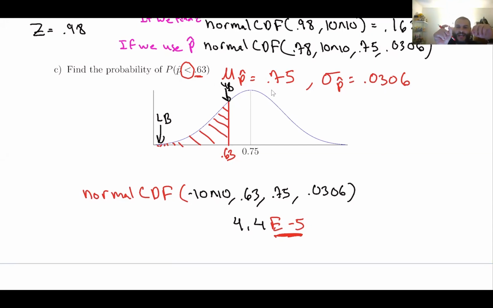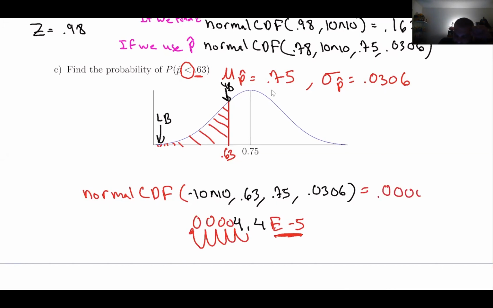So you have to take the decimal and move it 5 spaces to the left. 1, 2, 3, 4, 5. There you get 0, 0, 0, 0. So for this answer, you get 0.000044. And that's it for C.